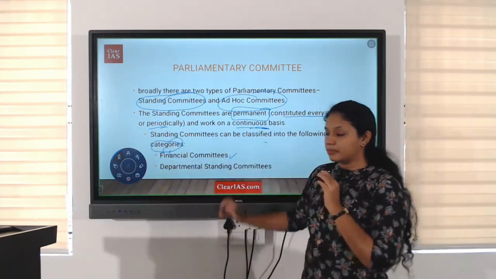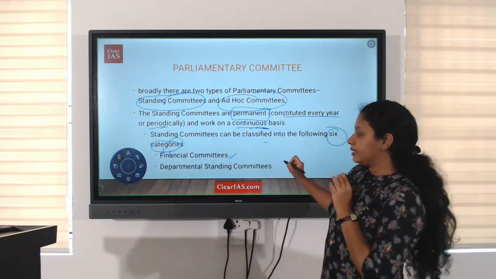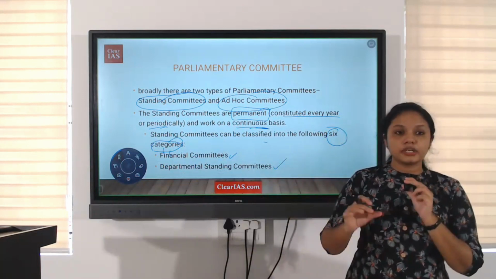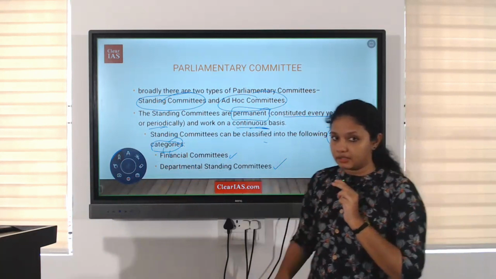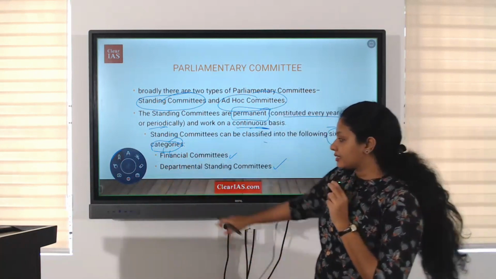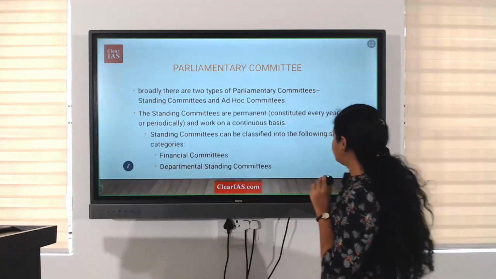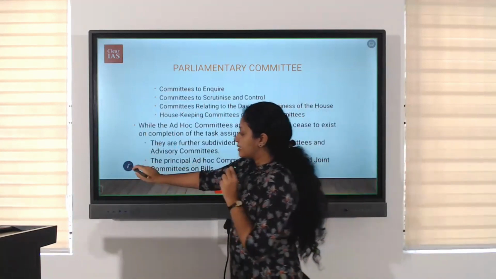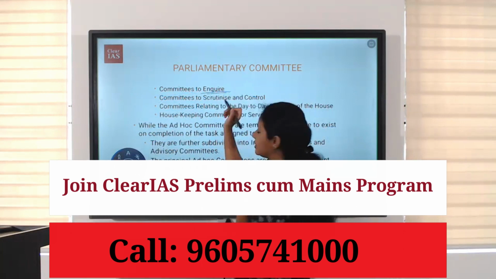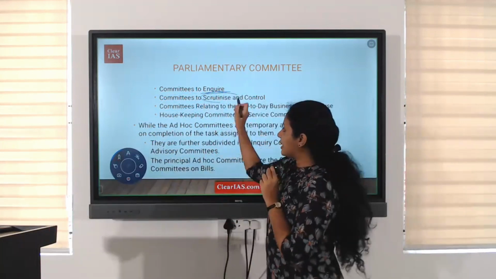First is the financial committee. The next one is the departmental standing committees, which are constituted for every department. Next one is the committee to inquire. Next one is the committees to scrutinize and control.